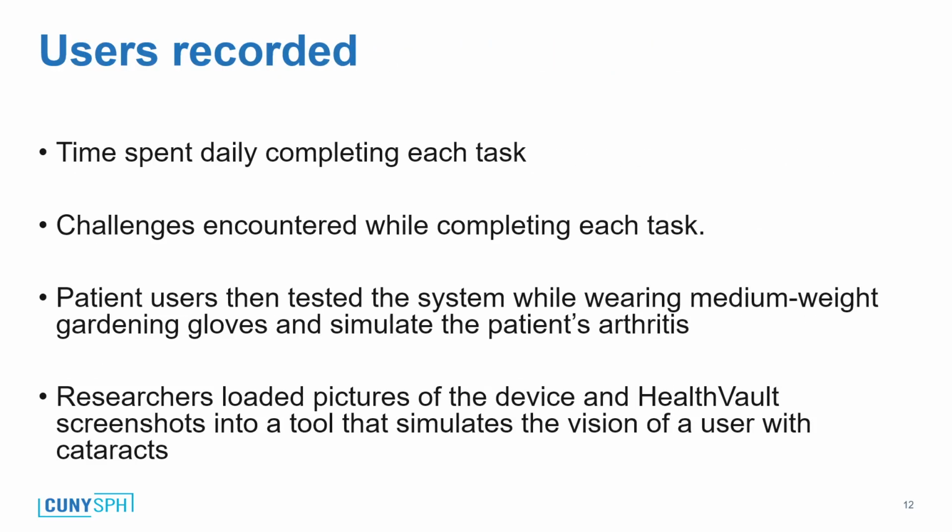The users then recorded in addition different things like the time spent in completing each task, and different challenges that they encountered while completing the task. The patient users tested the systems using limiting physical activity devices like gardening gloves to simulate that the patient has arthritis, or they were interacting with screenshots with limited visibility to simulate cataracts.